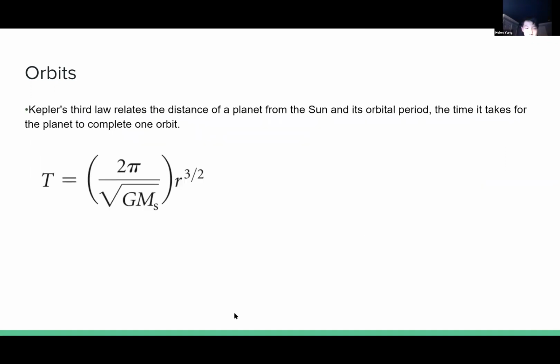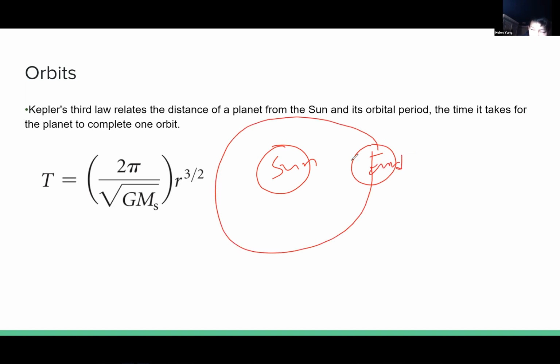And the next thing is Kepler's third law. For the diagram, you can write the sun here and the Earth here. And it's going in orbit as well. So if it has a centripetal force and a gravitational force, you can say that the centripetal force is equal to the gravitational force.